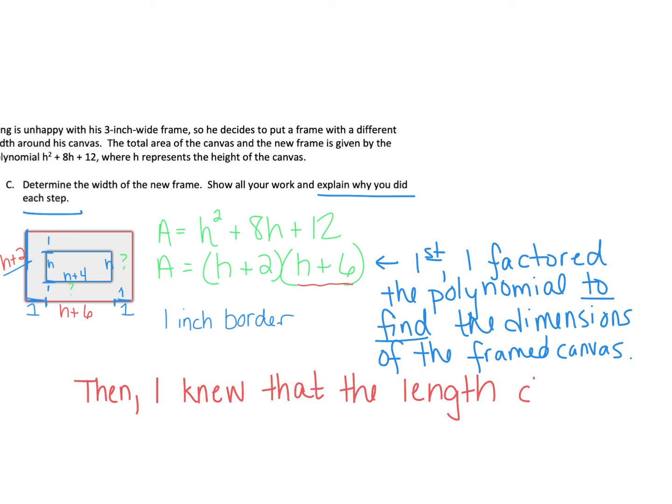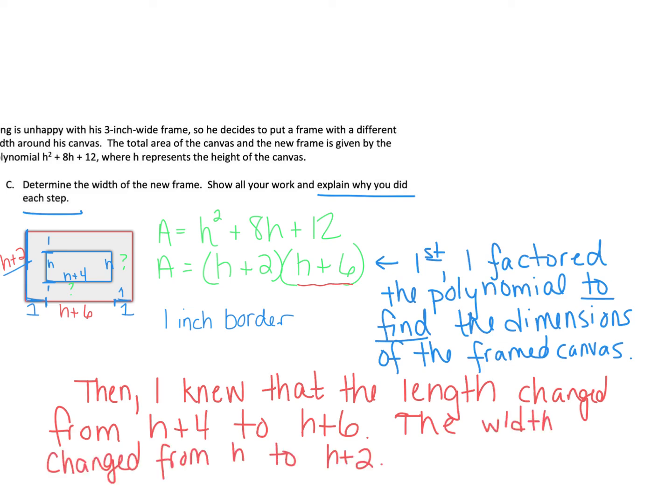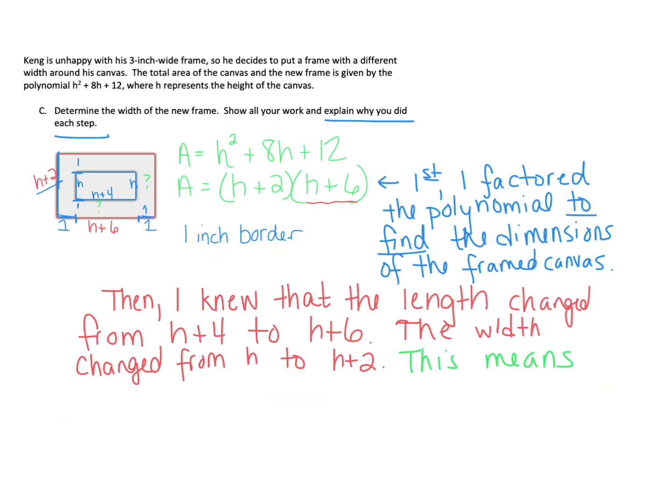Then I knew that the length changed from h plus 4 to h plus 6. The width changed from h to h plus 2. This means that the frame is 1 inch wide.